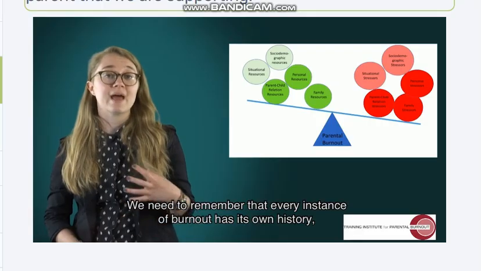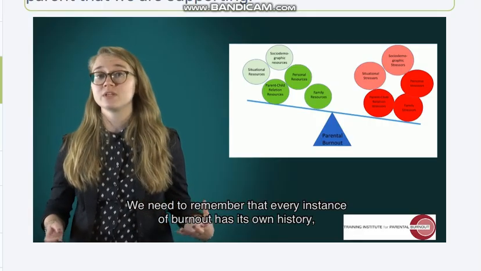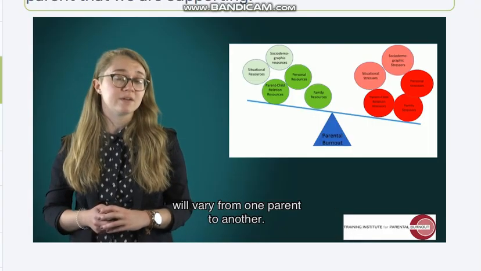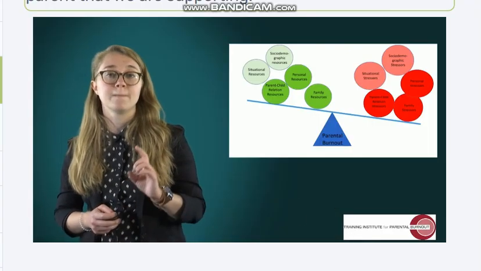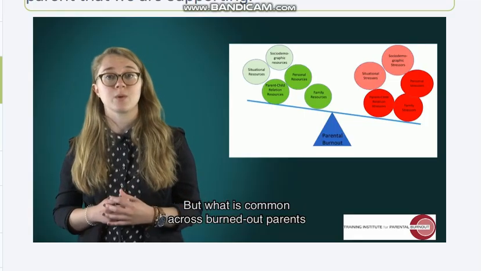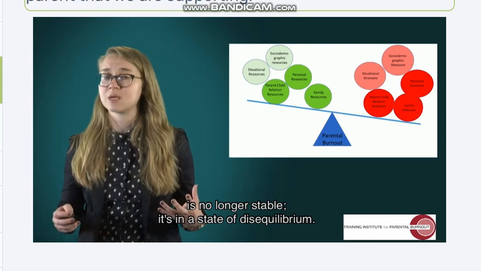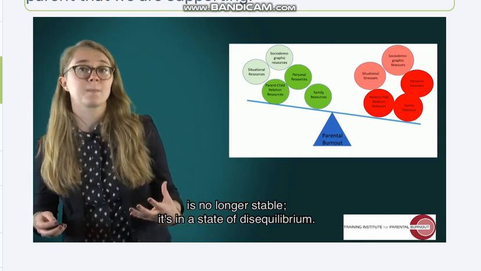The common goal for any form of treatment or prevention strategy is to restore the equilibrium of the parent's balance, regardless of which specific risk factors and resources it includes. We need to remember that every instance of burnout has its own history, and therefore the risks and resources that make up the balance will vary from one parent to another. But what is common across burnout parents is that their balance of risks and resources is no longer stable. It's in a state of disequilibrium.